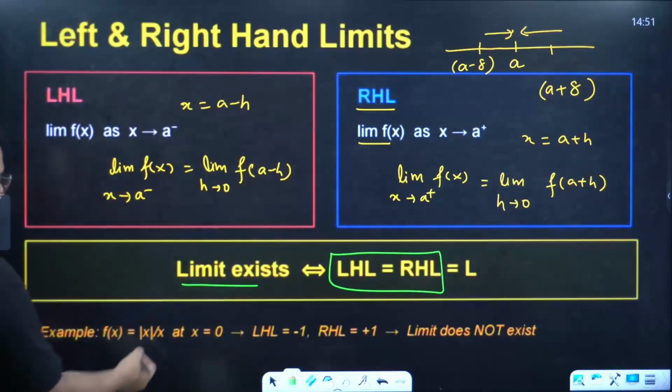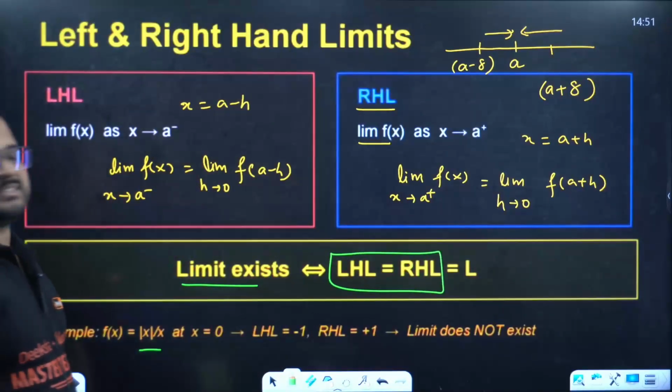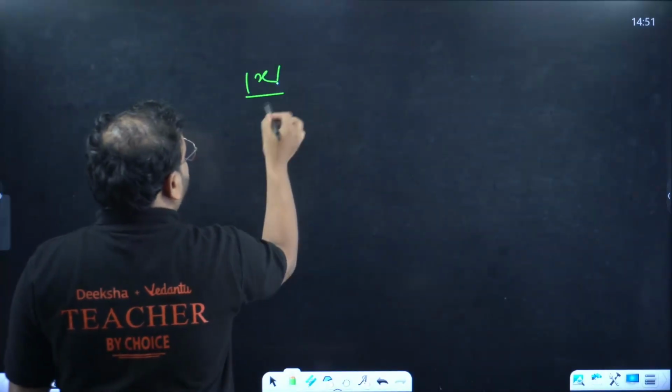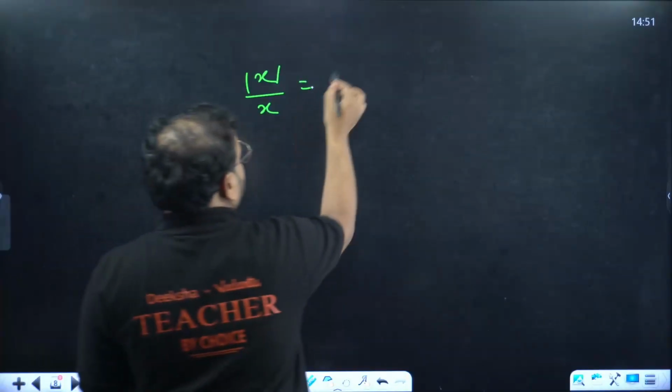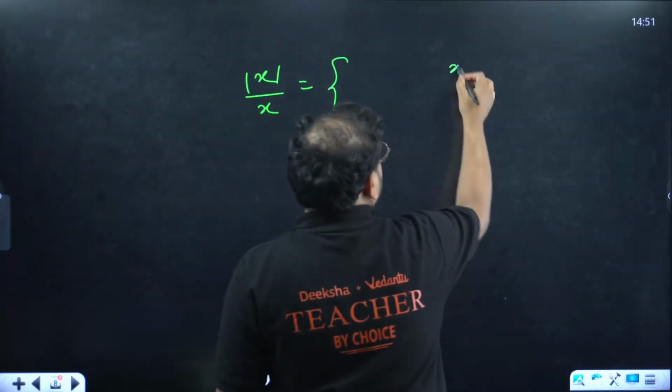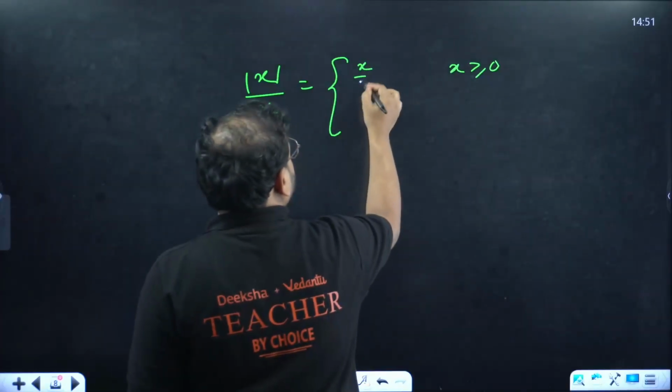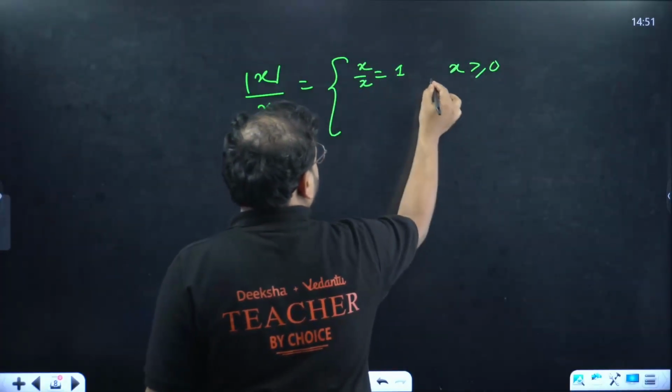For example, check here, mod of x by x is what we have. This example is mod of x by x. This is the function. Try to find this value after 0, meaning when x is more than 0. It will become plus x by x. How much is that? 1.